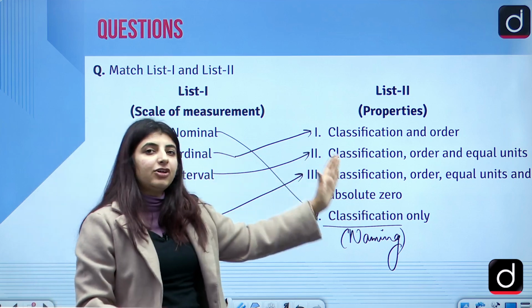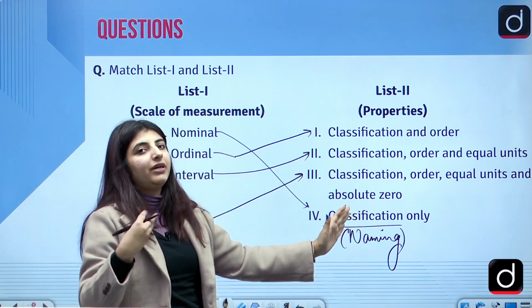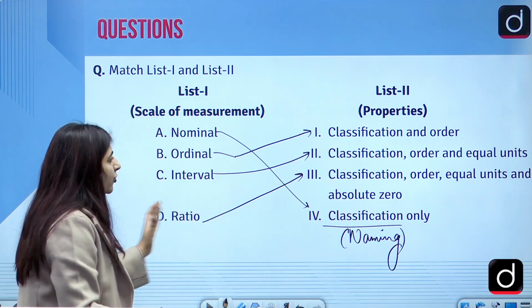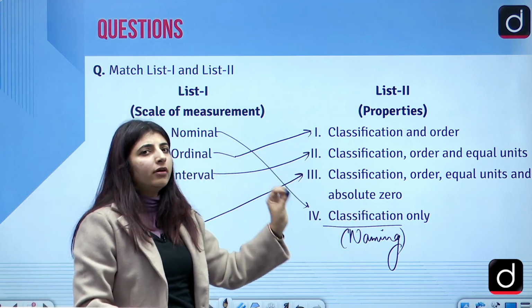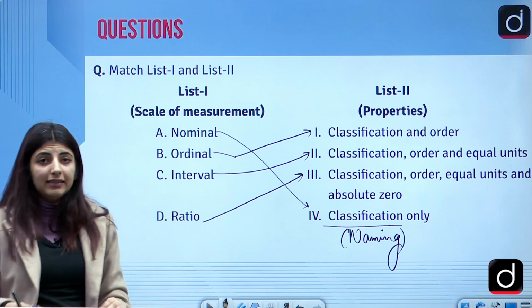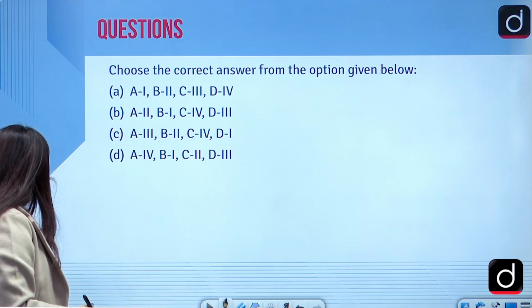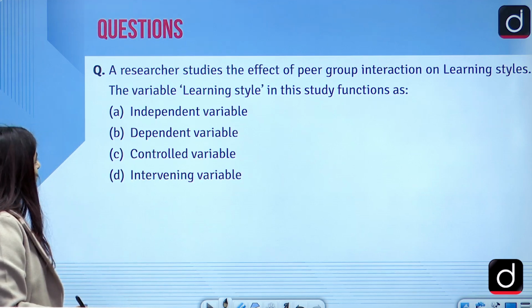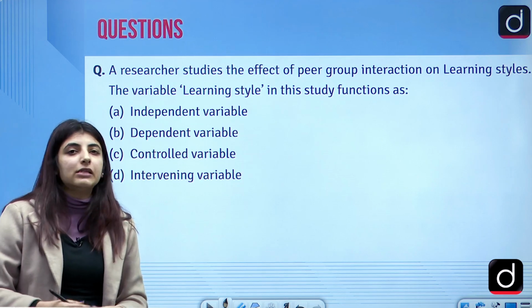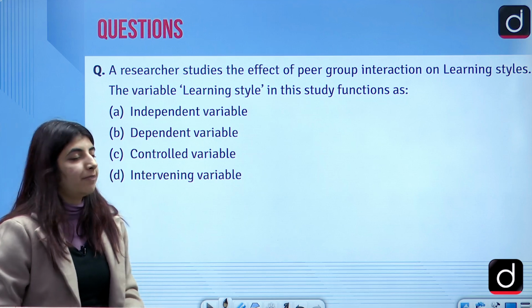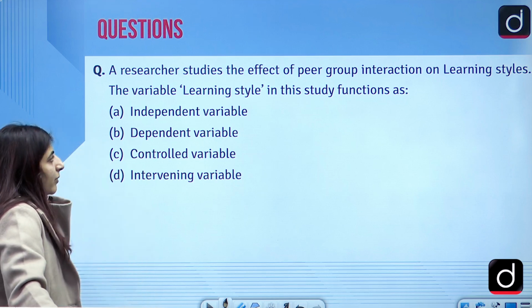Interval, classification, order and equal units or equal intervals. Ratio, classification, order, equal units and an absolute 0. Correct? So I think you all are confident enough now to crack any question that comes from these 4 types of scales which are there. Coming to the next question that we have here.